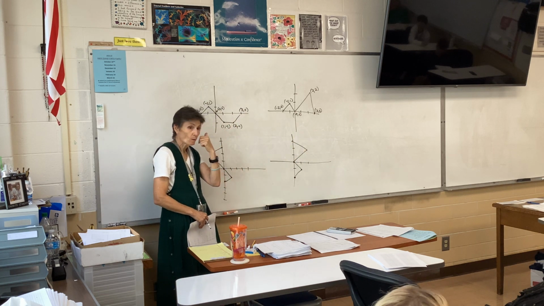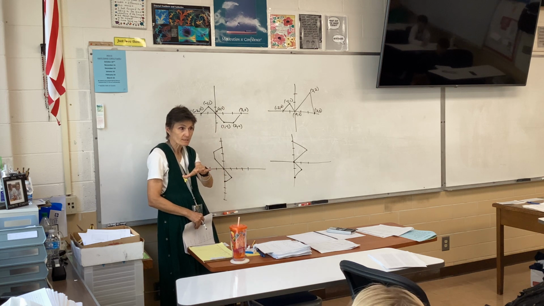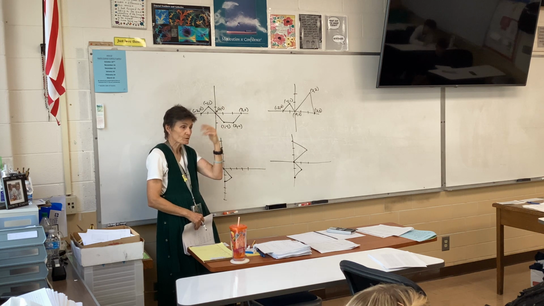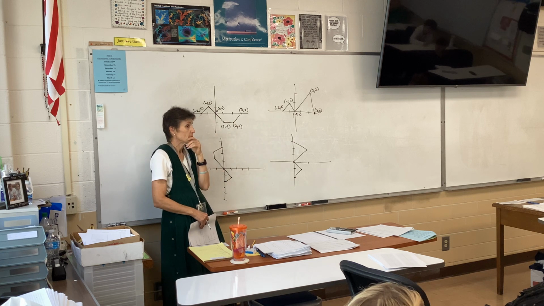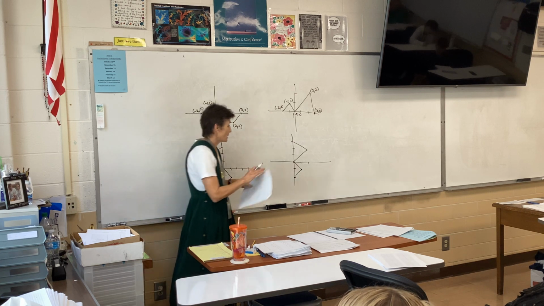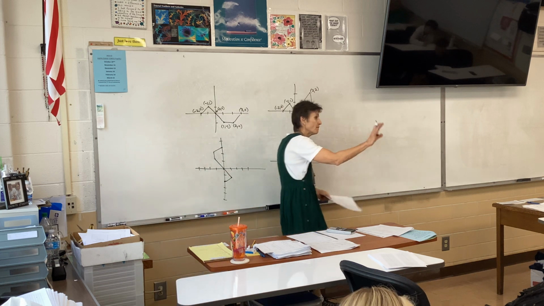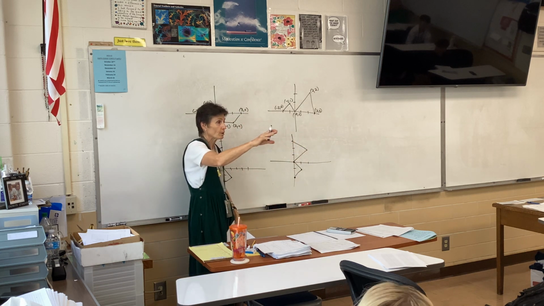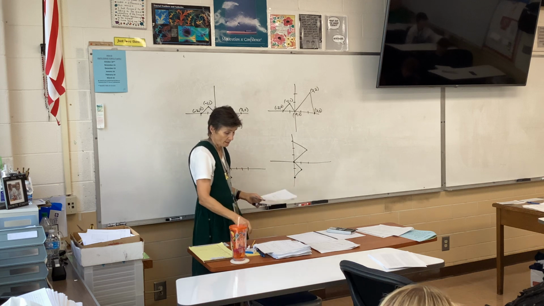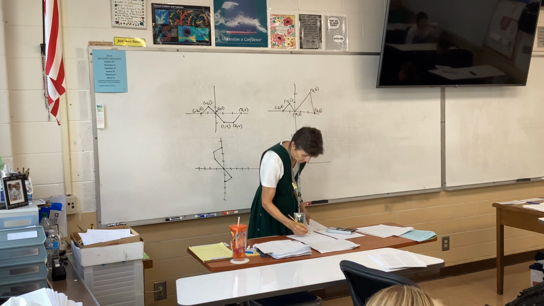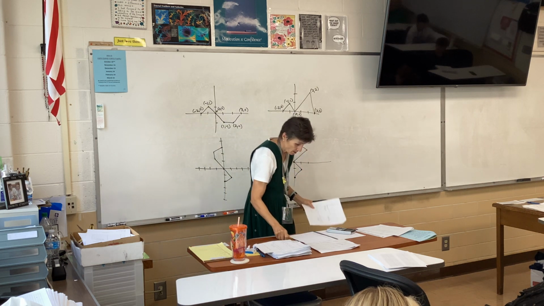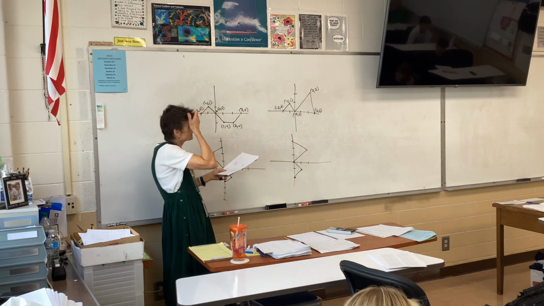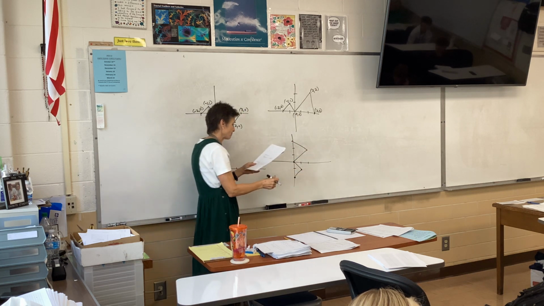Flip them. Y and X. That's how we do inverses. Always. Whether it's equations or points or whatever. Got it? Okay. So now 1-5 finished. That homework will be due on Thursday.